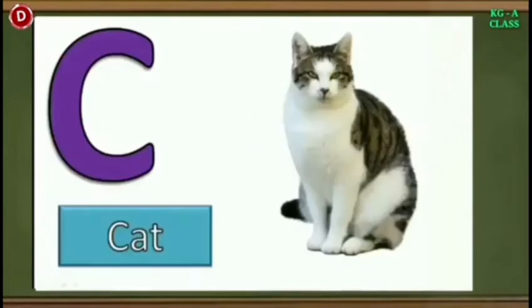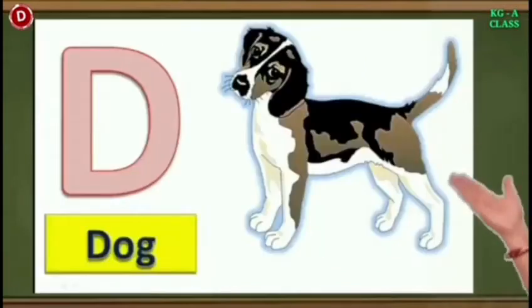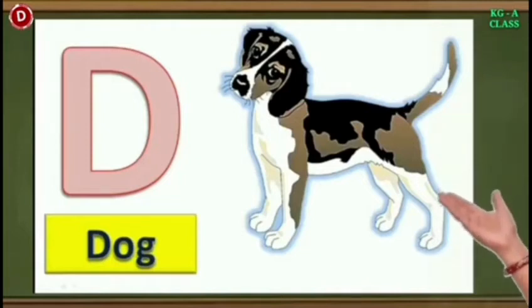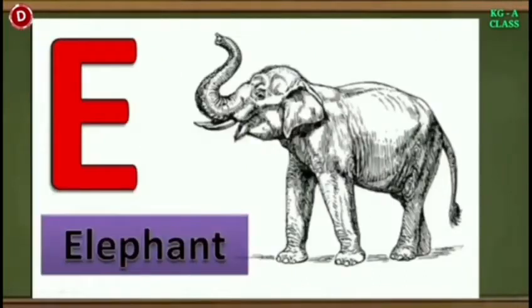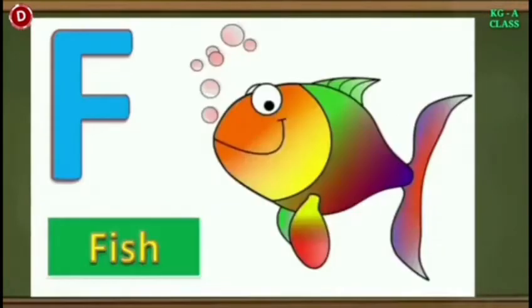Now comes C. C for cat. Meow. The next letter is D. Look here, children. This is capital D and D for dog. Now comes E, children. Look here. This is E. E for elephant. Now the next letter is capital F.